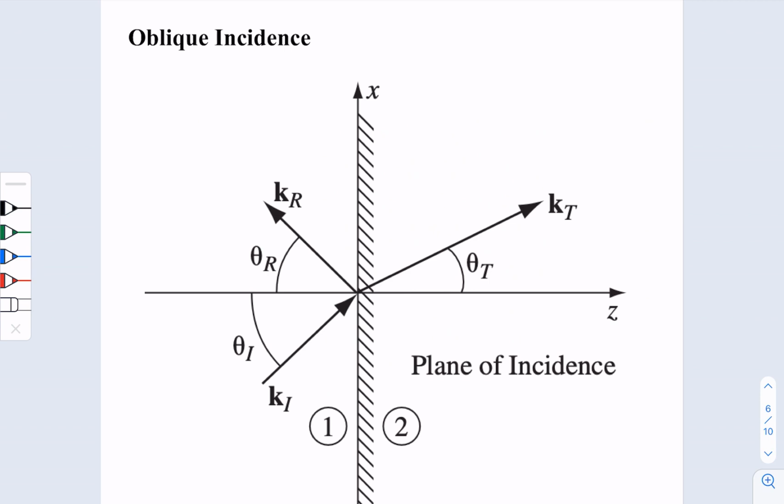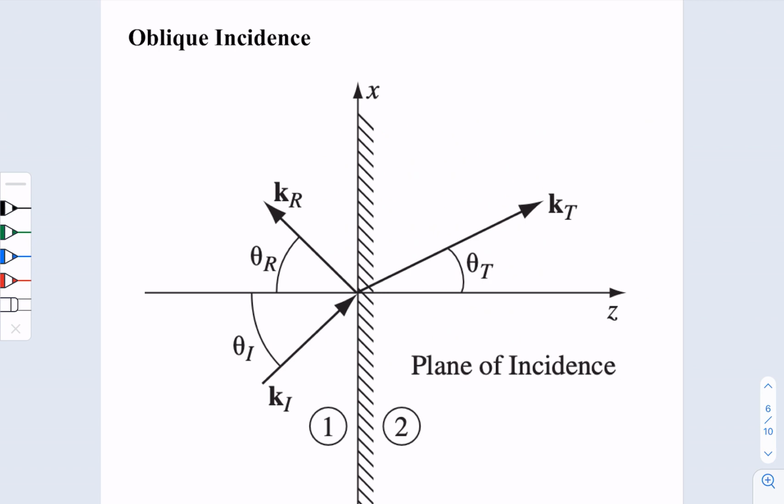So I think you all have learned this in optics, right? Okay, so yeah, in optics, you know that there are several famous laws. So one law is that all three vectors must form a plane, right?